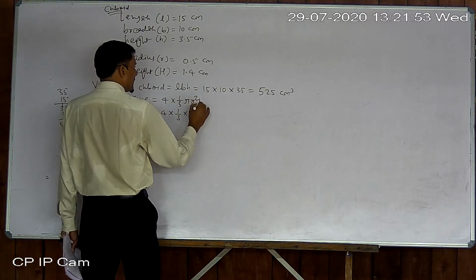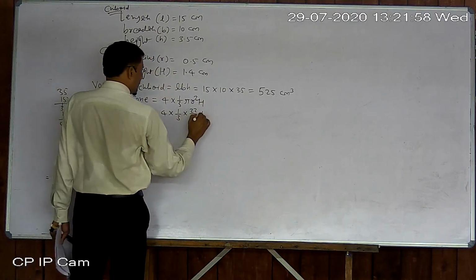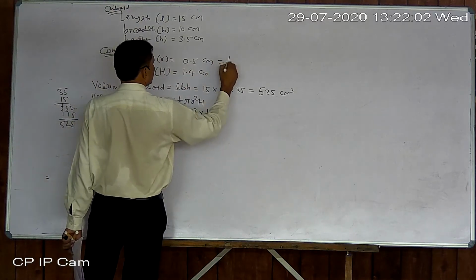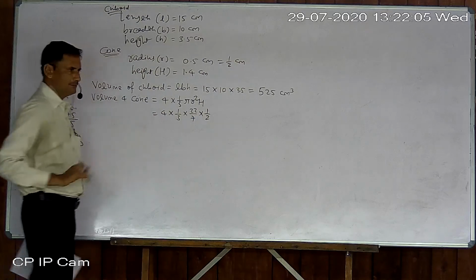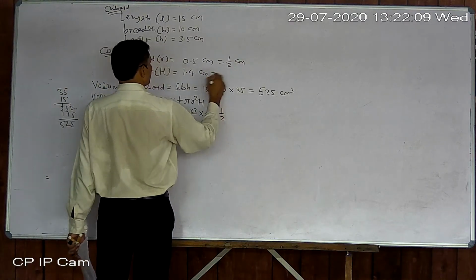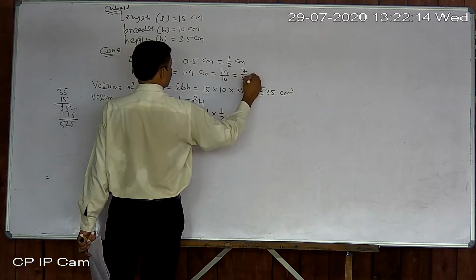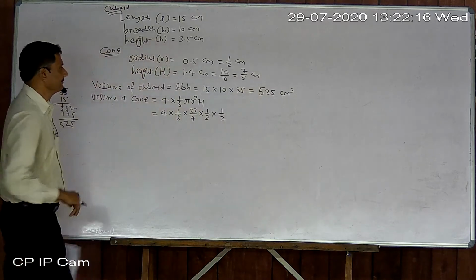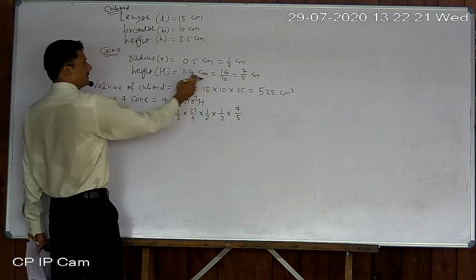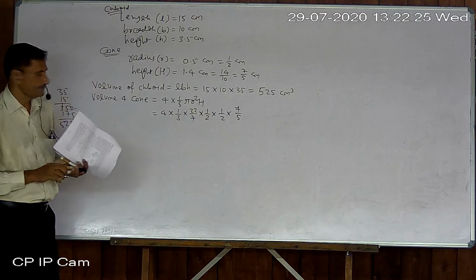Here I have to write capital H, not small h. Now r is 0.5; otherwise you can write 1 by 2 centimeter. Very simple. 1 by 2 squared. And here 1.4, that is 14 by 10, otherwise 7 by 5 in simplest fraction. Why is it so? I just remove the point and then convert to the simplest form.